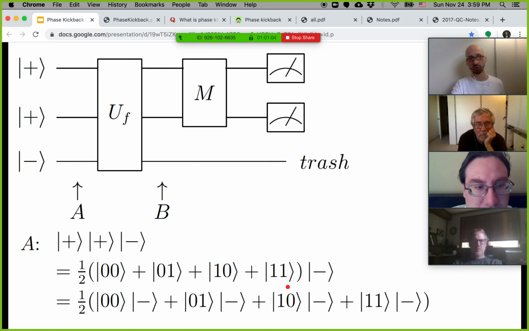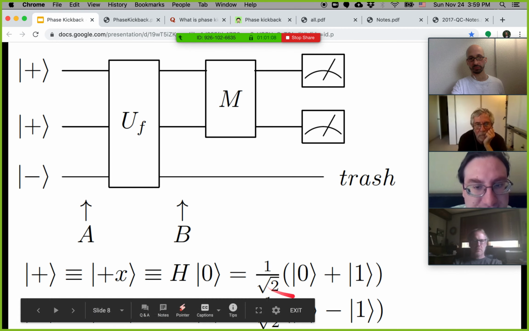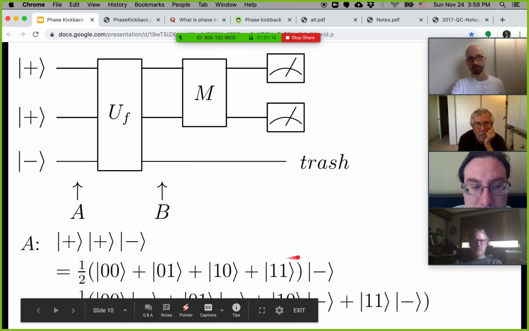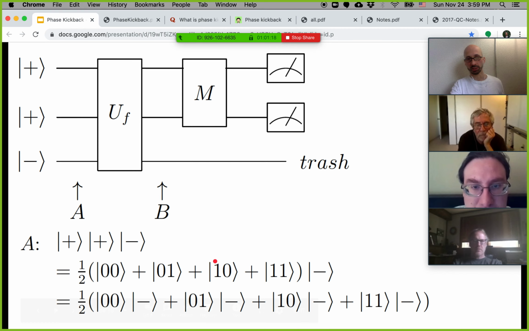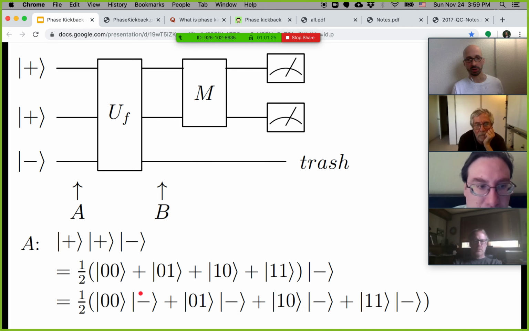And you can get this if you take a tensor product of this state tensored with itself. Okay, and we can rewrite this a little bit. I just move this minus sign over there. So any questions so far? Good? Okay.